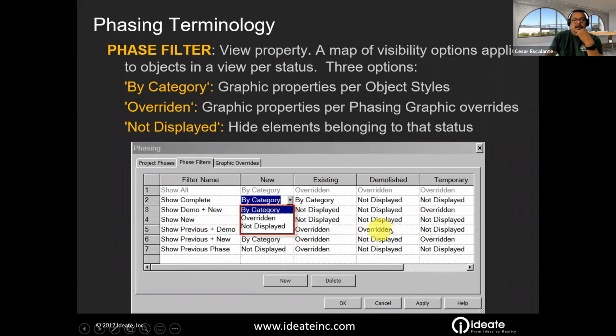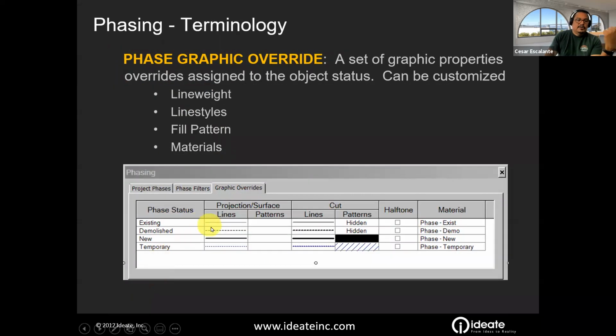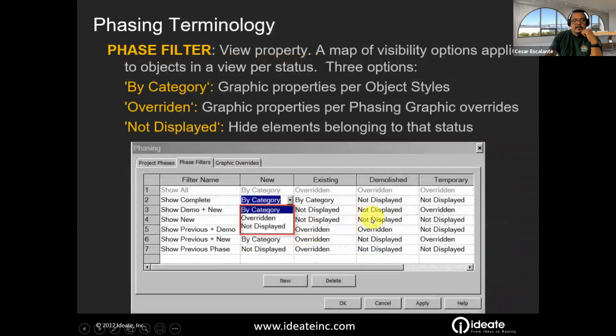The demolished objects are overridden, and what that means is that the demolished objects are going to inherit the line weights of the graphic overrides. And then the temporary objects are not displayed. So what I'm actually doing is reading the filter applied to demolition plans, which is show the previous objects and all the demo objects. I was wrong with highlighting row number 3.